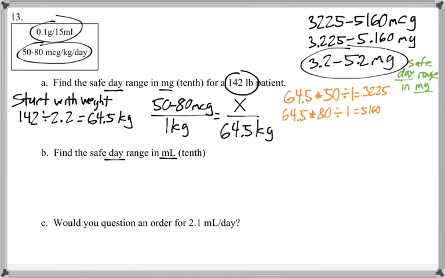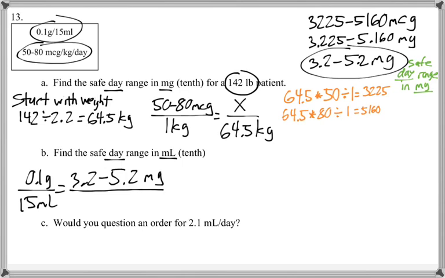So I need to use the solution strength in a proportion. So I'm putting my day range in milligrams in a proportion with the 0.1 gram per 15 mLs.